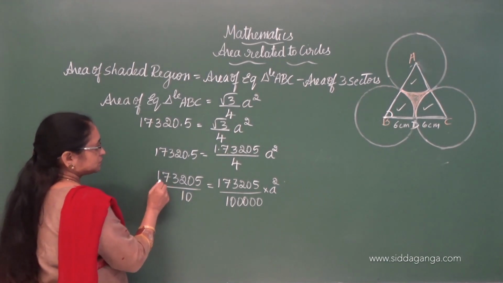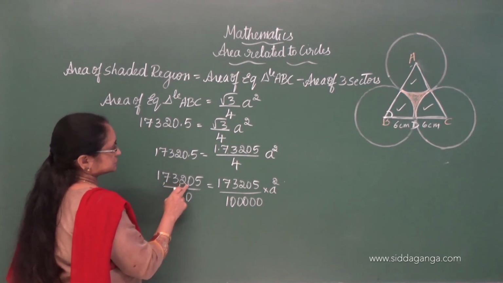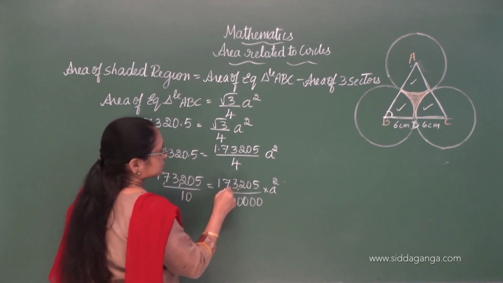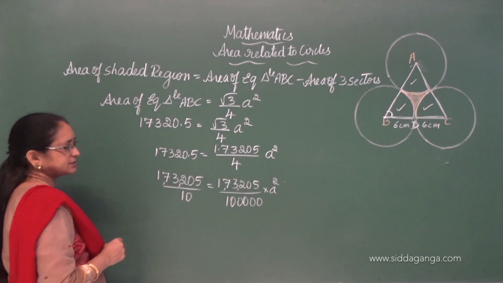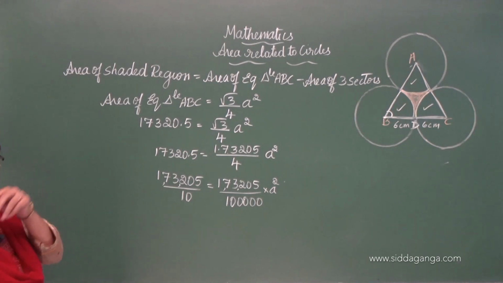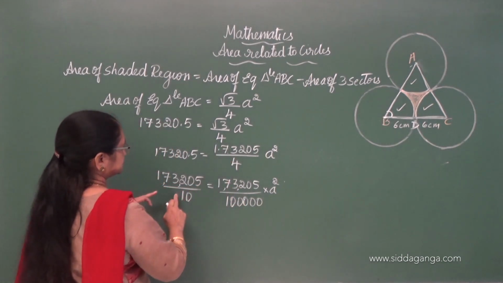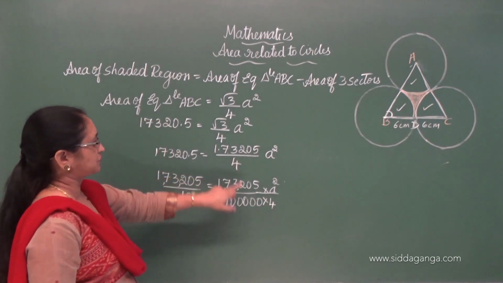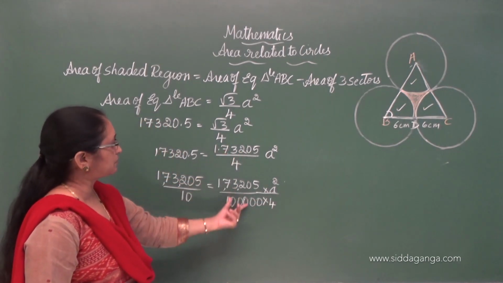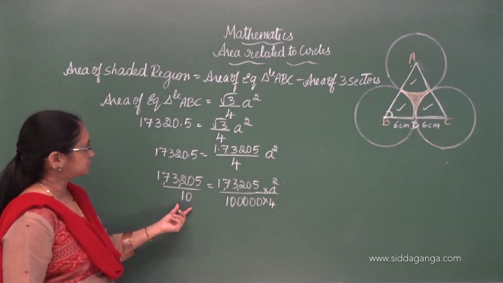Now, see here, 1,73,205, here also 1,73,205. So, I can cancel it. So, you will get A square, correct? But 4 is there, no, here, divided by 4, correct. Understood this 4. To remove the decimal point, I have divided by this number and here also, okay.